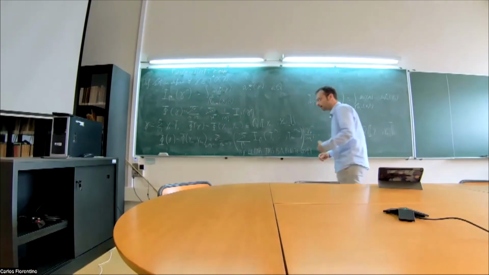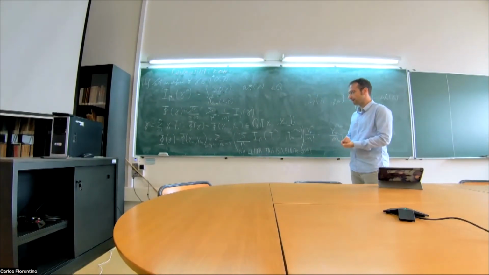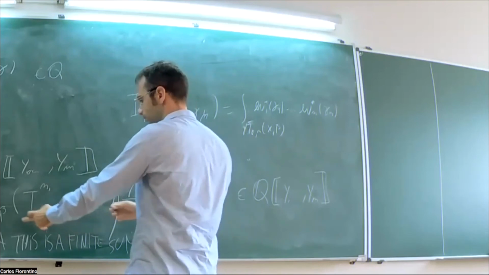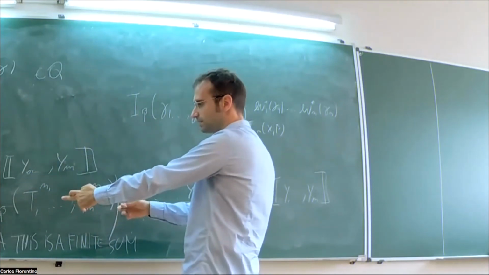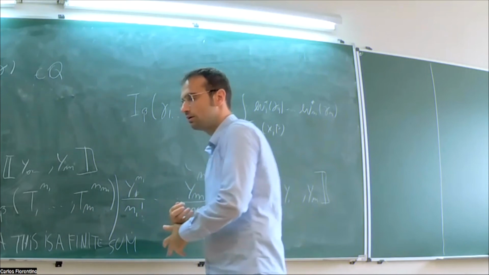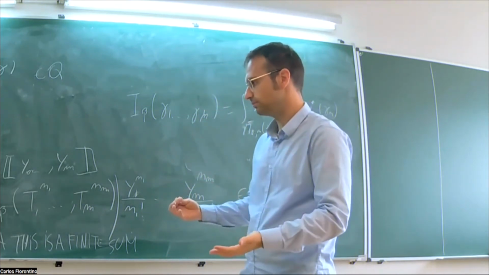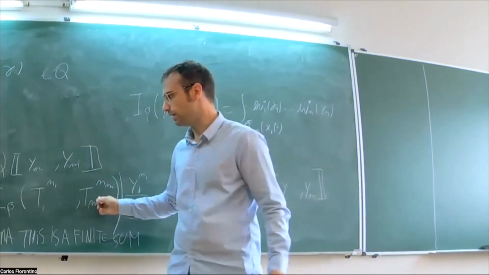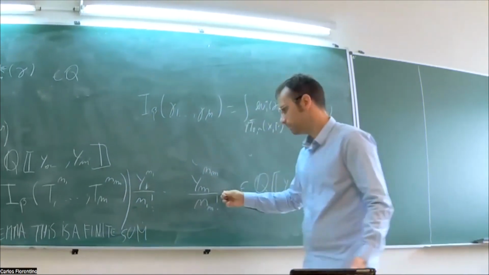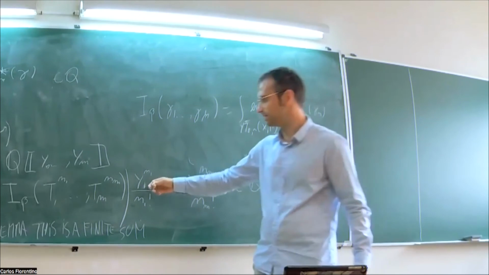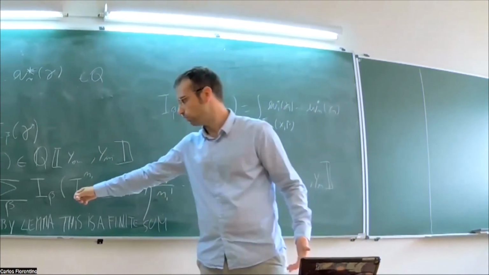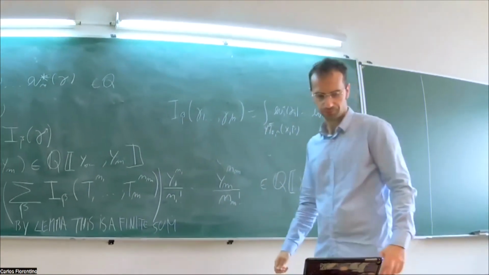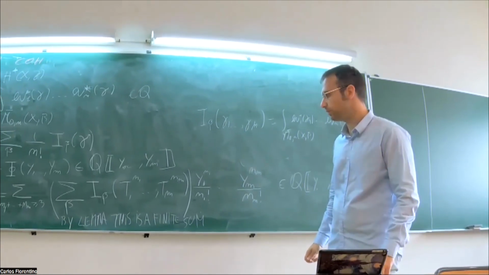We know that there is a finite number of effective classes beta such that this is not 0. So this is a sum where all except a finite number is 0, a finite sum of non-zero rational numbers. This is the polynomial. This is just to keep track of what we are intersecting here. And this is called the potential, the Gromov-Witten potential of X.